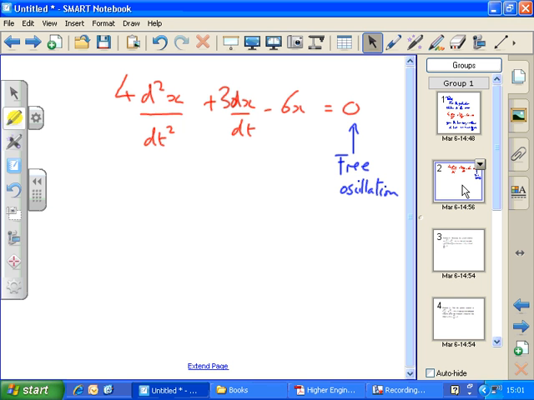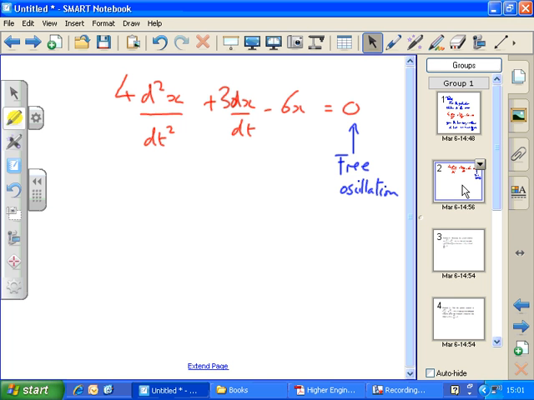That's what we mean by a free oscillation or free vibration. If the right-hand side is not 0, that means there's some sort of driving force going on, which is keeping the oscillation going. So some sort of driving function. And that's what we're aiming for in the end, solving equations that have a function on the right-hand side.